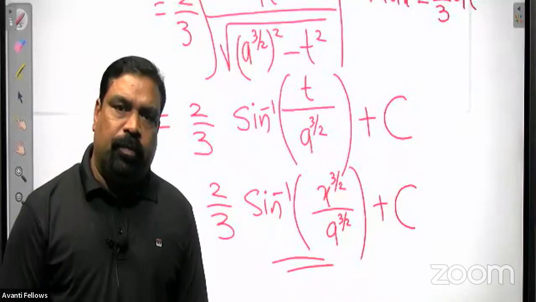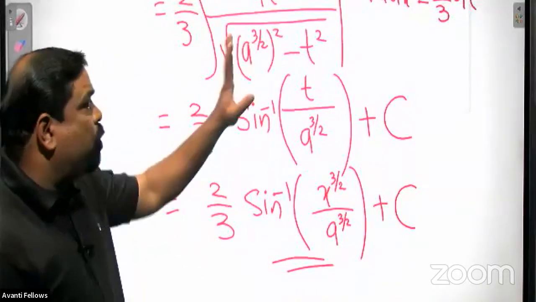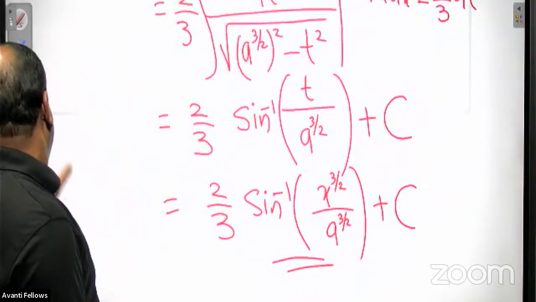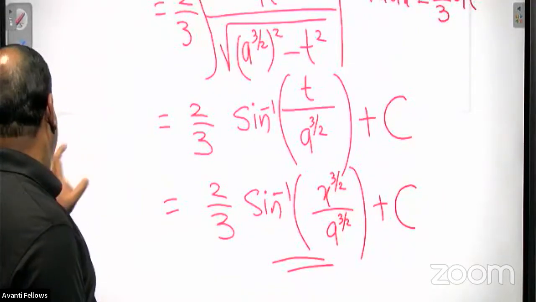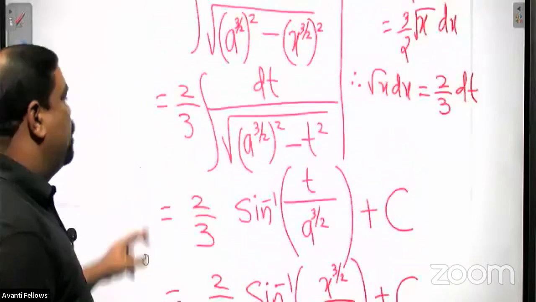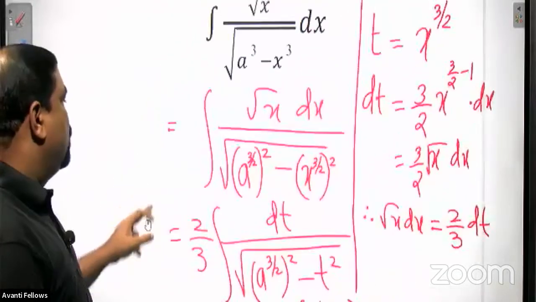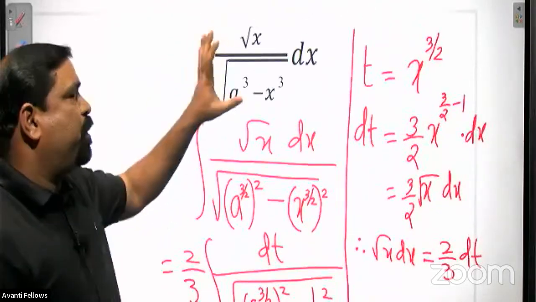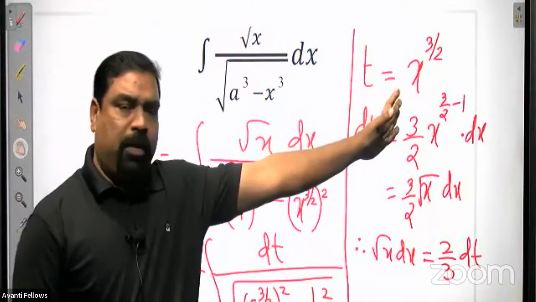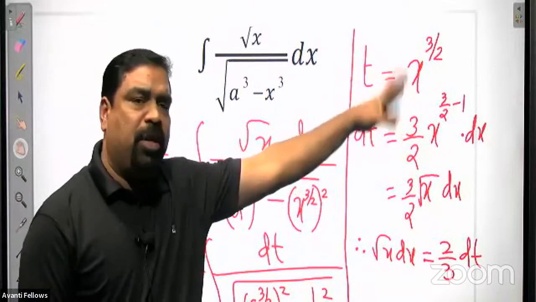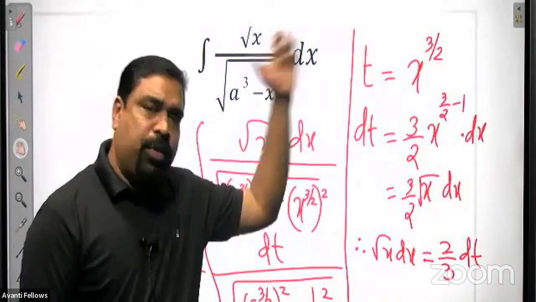So this kind of problems, you have to remember the correct method. Once you see the expression, immediately that method should come to your mind. This is the substitution recorded here, and you have to store it in your mind.